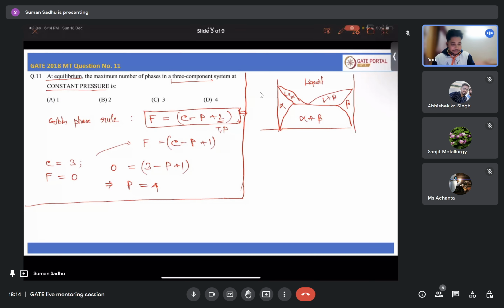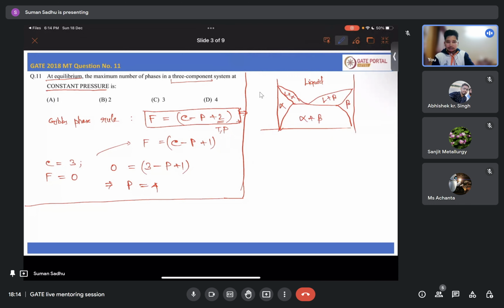So now I will give a few points and you have to tell me what will be the degree of freedom at those points. Here, here. So I'm marking the numbers 1, 2, 3, 4. So what will be the degree of freedom at 1?